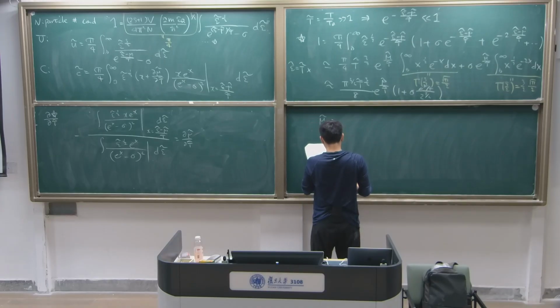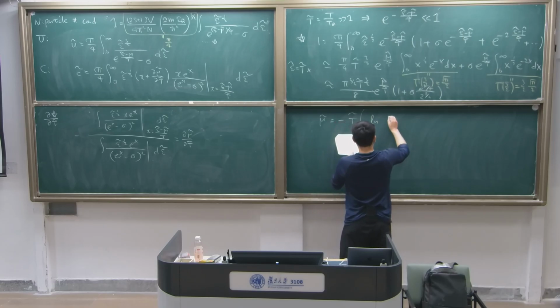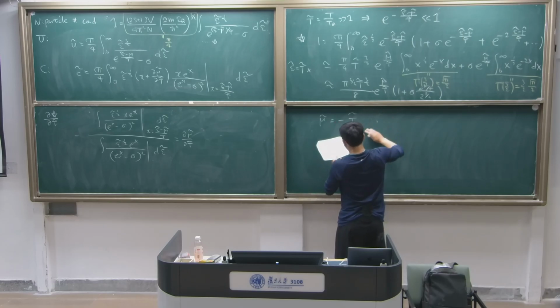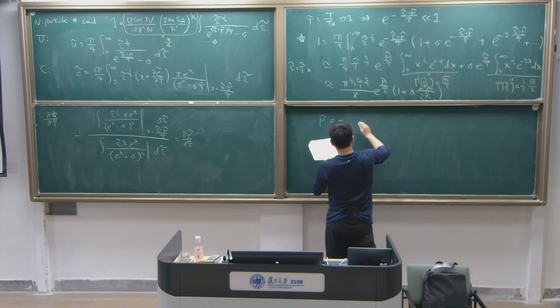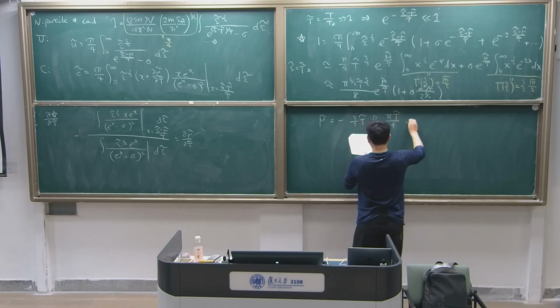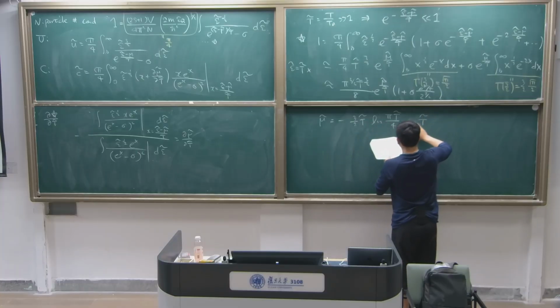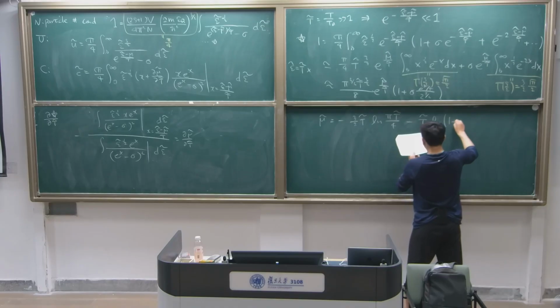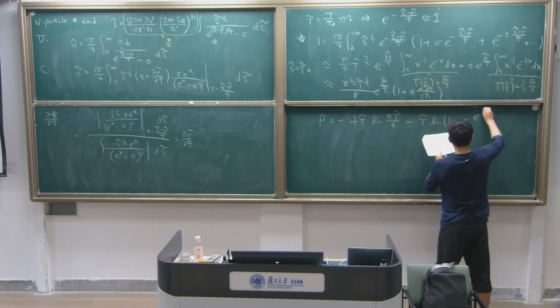So mu theta is given by minus t theta and the log of 3 over 2 t theta log pi t theta over 4 plus t theta minus log 1 plus sigma e to the mu theta over t theta divided by 2 to the 3.